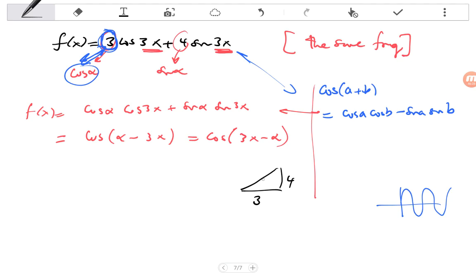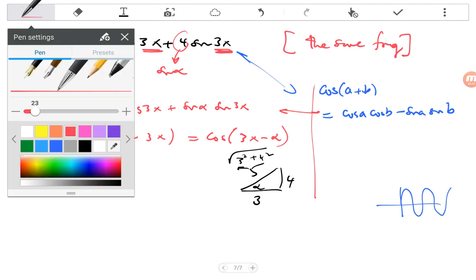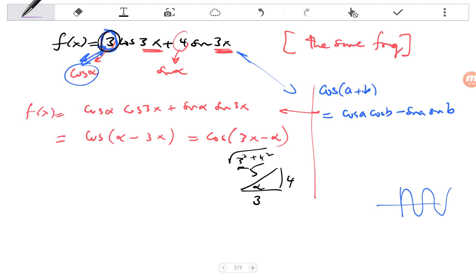So the third side will be 5, which is just the square root of 3 squared plus 4 squared. So for this to be a cosine of an angle, let's say that this is angle alpha, to make it the cosine of something, we need to divide it by 5.